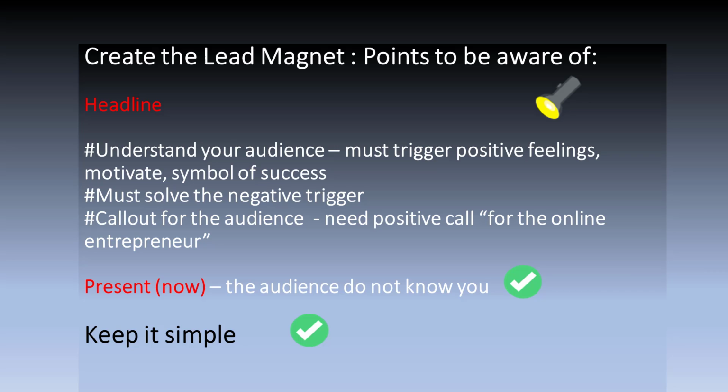So the headline will say, hey, newbie online entrepreneurs, do you want to find direction? Do you want to improve the way in which your business is running? And if you happen to be a person who's suffering from shiny object syndrome, you might say, hey, do you want to save your money and not spend any time or money on buying shiny objects?